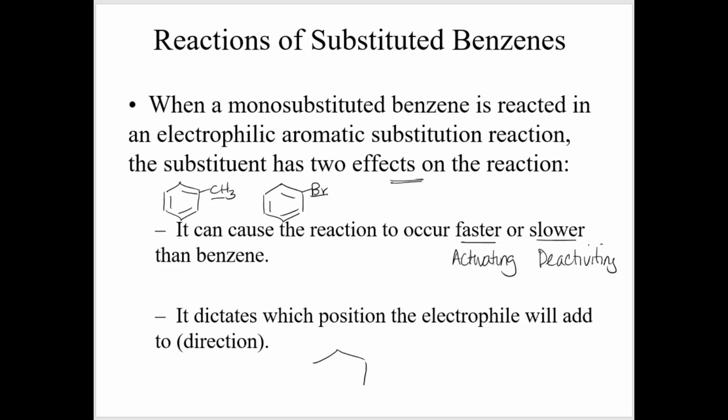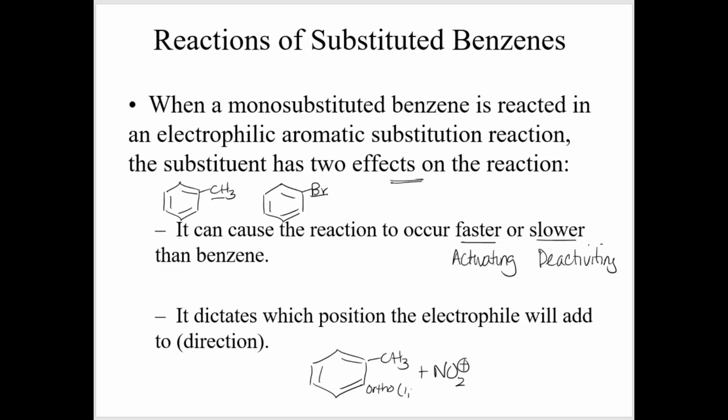So for instance, if I have my toluene with my methyl group here, and I'm going to add, let's add an NO2 plus to this. Okay, if I added an NO2 plus, in terms of the regiochemistry, where will the NO2 plus go? Will it go in the ortho position relative to the methyl group?